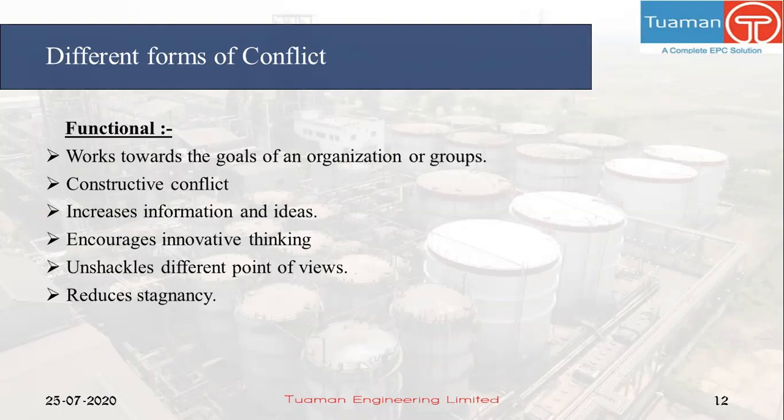Next, it encourages innovative thinking, and it's important to have creativity when you are working in an organization. It unsettles different points of view, and it also reduces stagnancy. It means people think of fresh, different points of view rather than thinking of the same thing. So these are the functional conflicts.